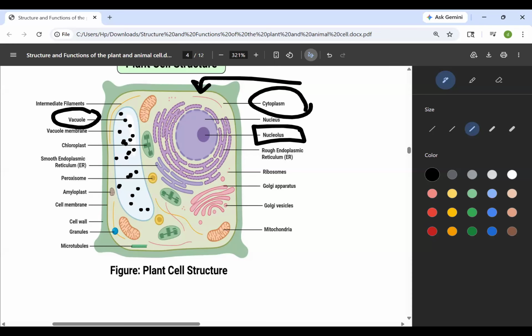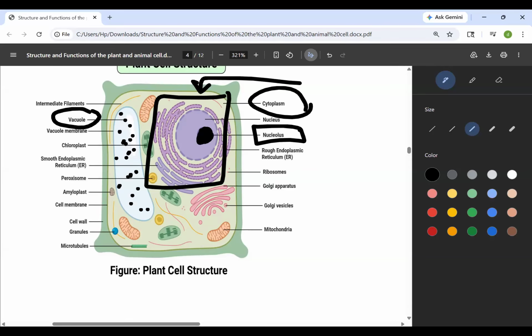Envelope means the cover, as we normally use an envelope as a cover. So the envelope is the cover of the nucleus. And the nucleolus, that tiny middle part, is called the nucleolus. All together, this structure is called the nucleus.